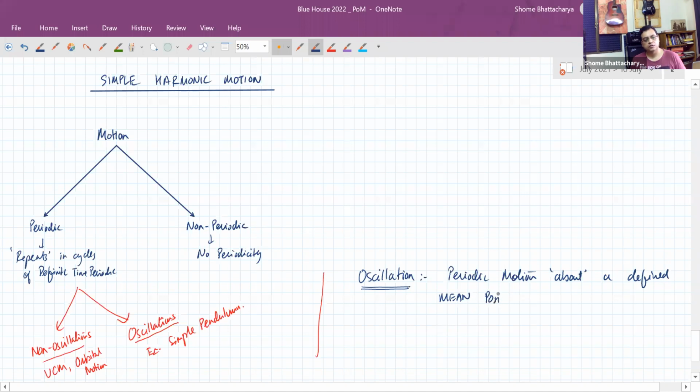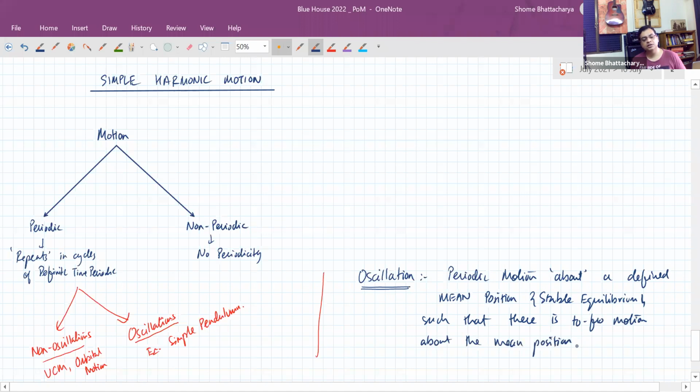This mean position is nothing but a stable equilibrium position, such that there is a to and fro motion about the mean position. And you'll also realize that stable equilibrium means there is the action of restorative forces, which are internal conservative forces which point towards the equilibrium position.